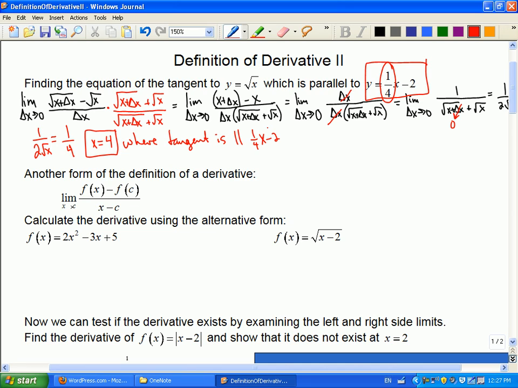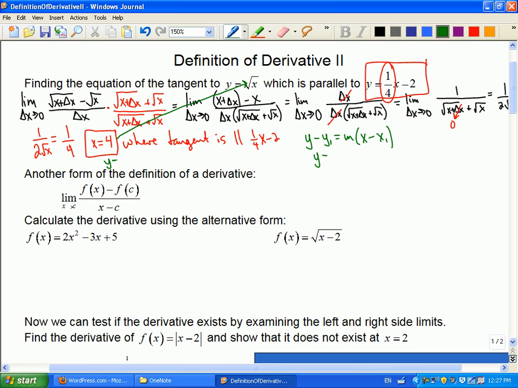So if I want to know what's the equation, this was the one that we worked with last day. So you go y minus y1 is m times x minus x1. And that'll give us, in this example, at x equals 4, if I put it into the graph, this is the function.